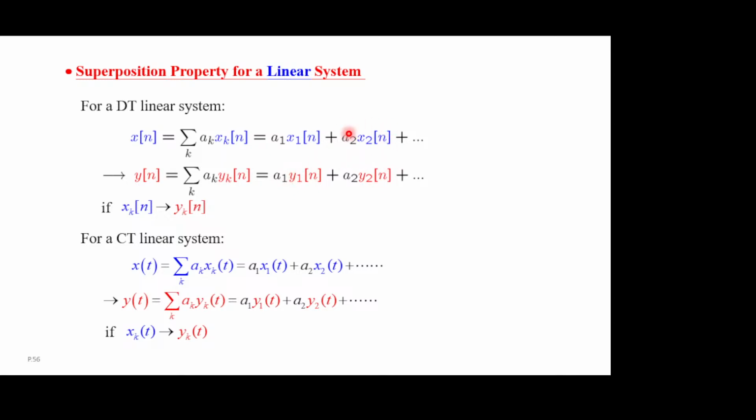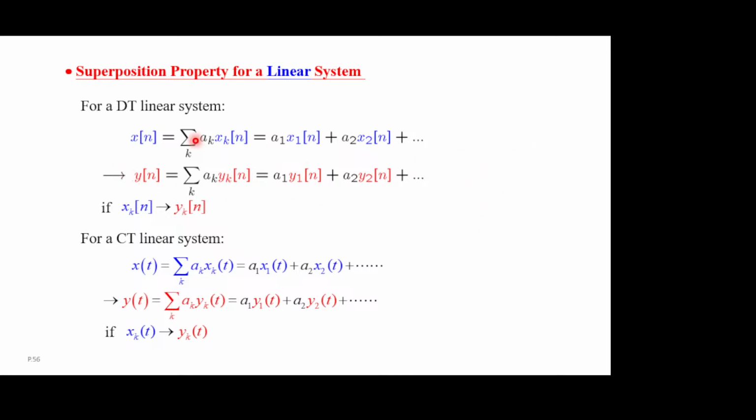Similarly a2 x2 goes to a2 y2, etc. Then a1 x1 plus a2 x2 should have the corresponding output a1 y1 plus a2 y2, because this plus sign carries over by additivity. Then you add a3 x3, and that gives you plus a3 y3.